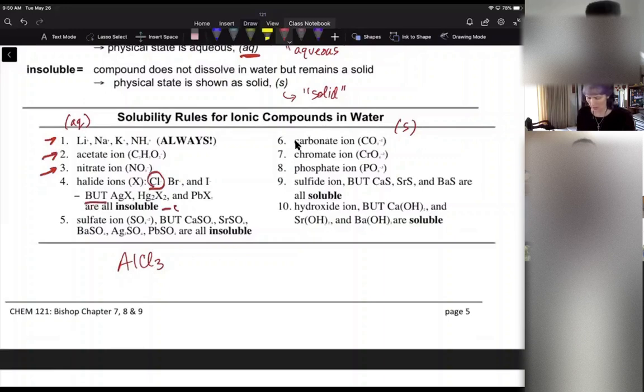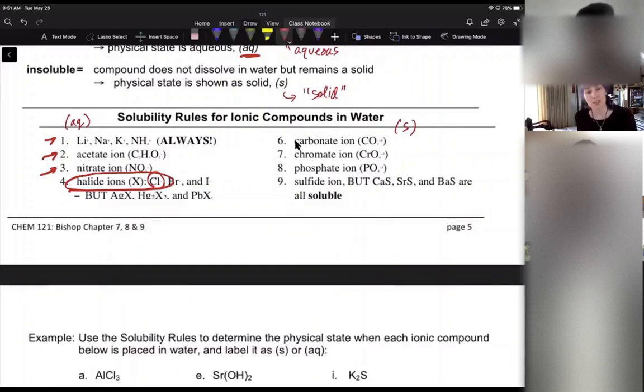But that is silver, lead, and mercury. We don't have that here. So now we know our answer, right? This is going to be aqueous by rule number 3 for halogens. Okay, so we apply them in order, and we'll assign aqueous if we meet that ion on the left side. If we get all the way to rule numbers 6 through 10, then it would be solid.